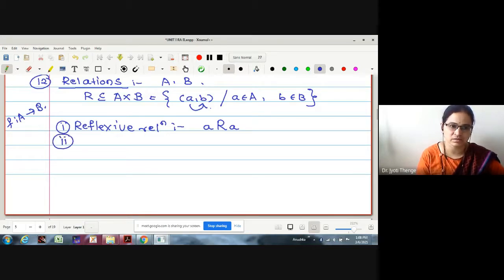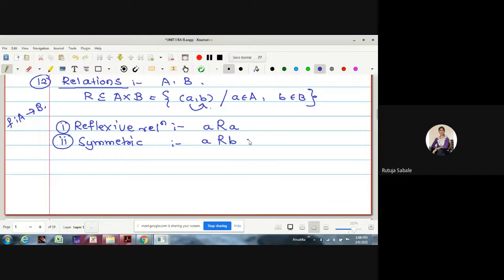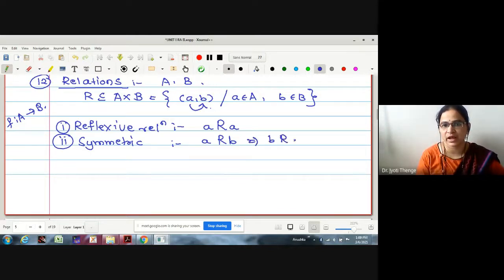Next, symmetric: a related to b implies b related to a.